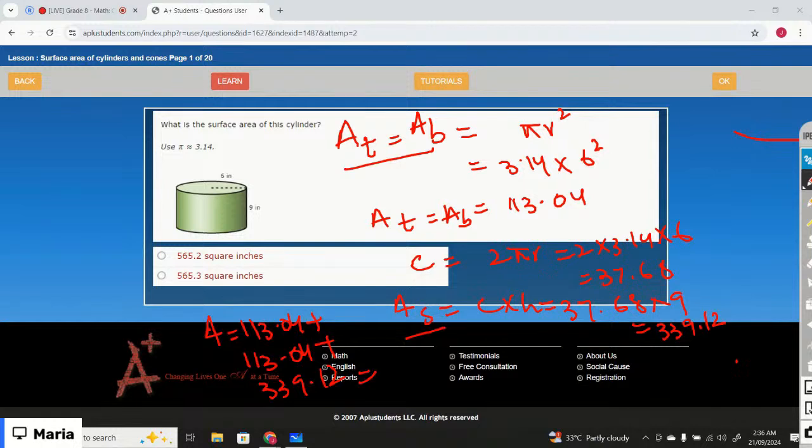Because top and bottom are exactly the same, you have to calculate the area, and they are circular faces, so they are pi r square. Then you have to calculate the circumference, that is c equals 2 pi r.